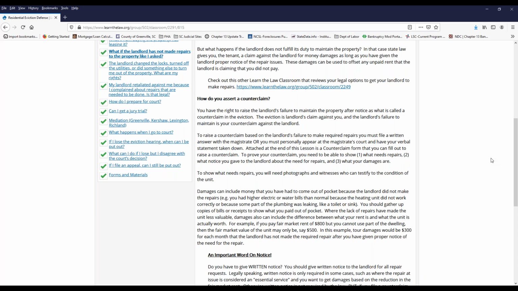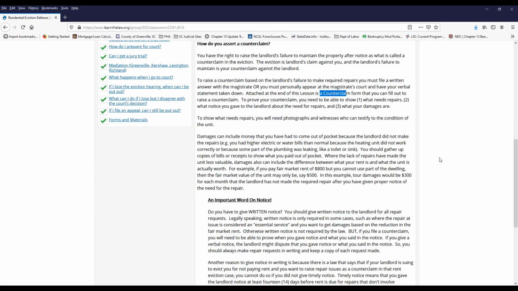To raise a counterclaim, you have to file a written answer with the magistrate, or if you go to the magistrate's court and say, I have a counterclaim, the magistrate court rules say that the court staff are supposed to write down your statement. At the end of this lesson, I'll show you what a counterclaim form looks like, because the South Carolina Judicial Department has created forms that you can use.